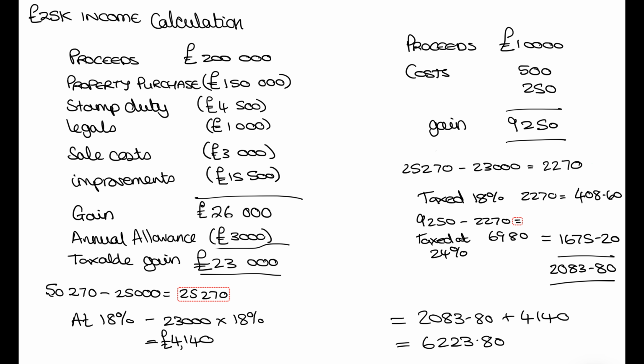First, we'll look at our calculation if our income is $25,000. This becomes relevant when we get to the capital gains tax side, but let's start with our capital gains tax calculation. We've got the proceeds of our property sale, which is $200,000. We take off our property purchase of £150,000.